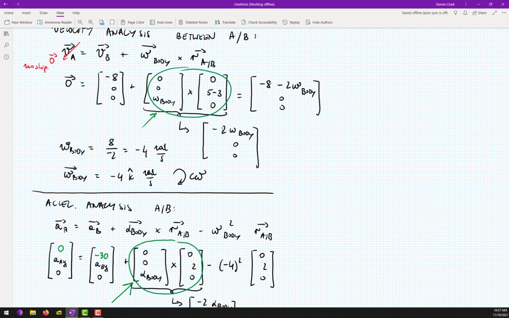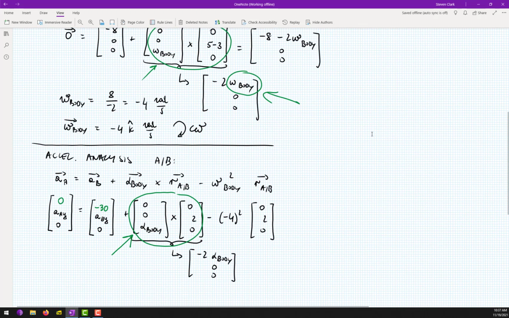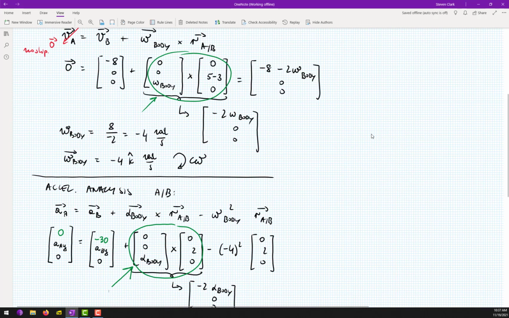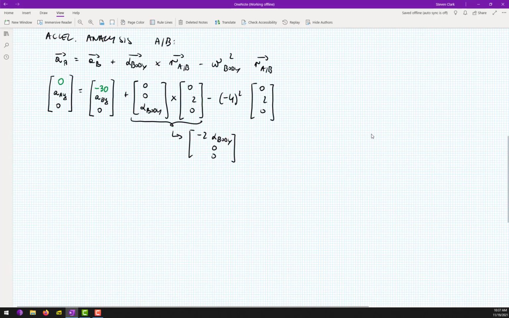It's a trick for you for the exam. You can save your time. Once you are done with this determinant, just replace omega body here with alpha body. Keep that in mind. It saves a lot of time.